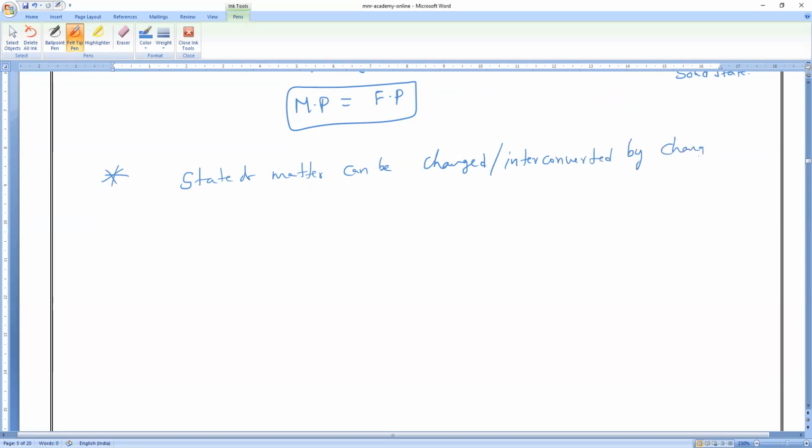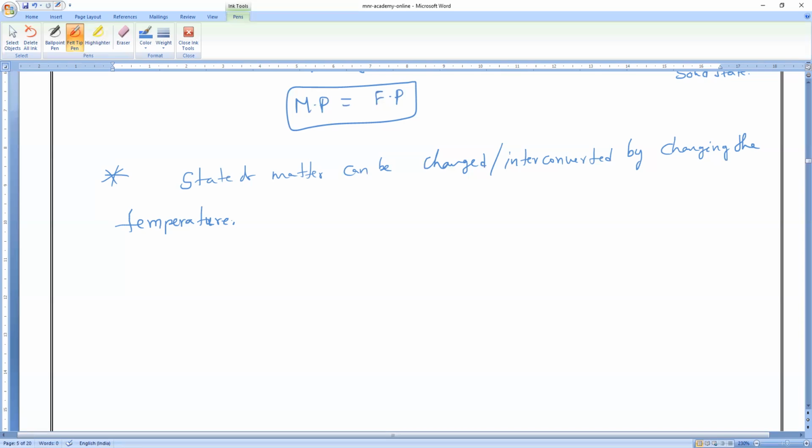By changing the temperature, because we are presently studying only the effect of temperature. Am I correct? Write it. Any doubt, ask me.